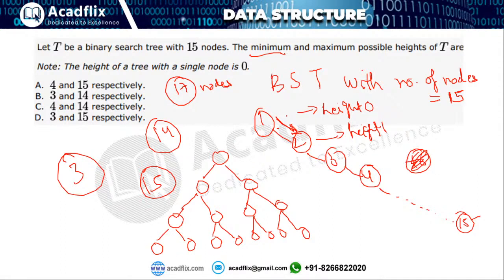Because in a complete binary tree आपको पता है कि nodes 2 raised power h और 2 raised power h plus 1 minus 1 के बीच में होती हैं. This is something that we already have discussed.